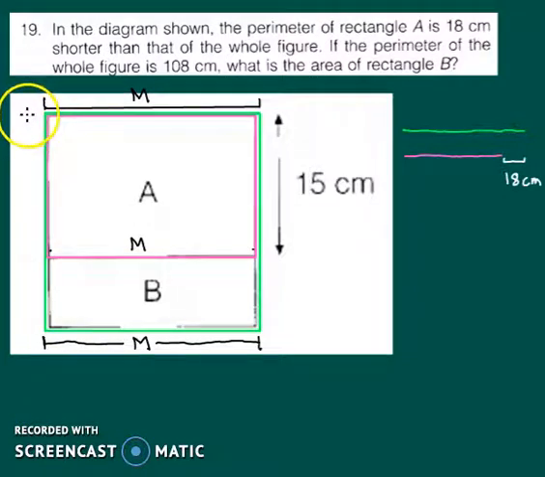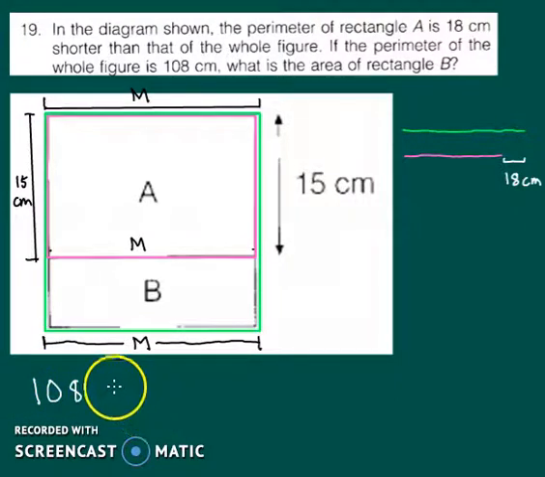It's worth mentioning that I also know that this dimension on this side is 15 centimeters, just like on the other side. I know that the perimeter of the entire figure is 108 centimeters.